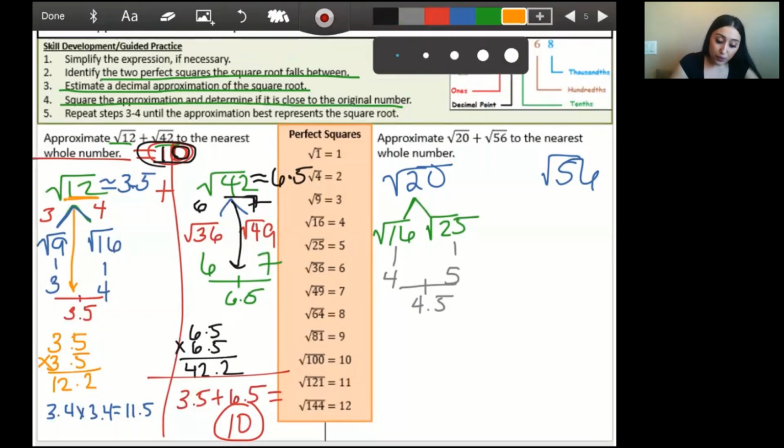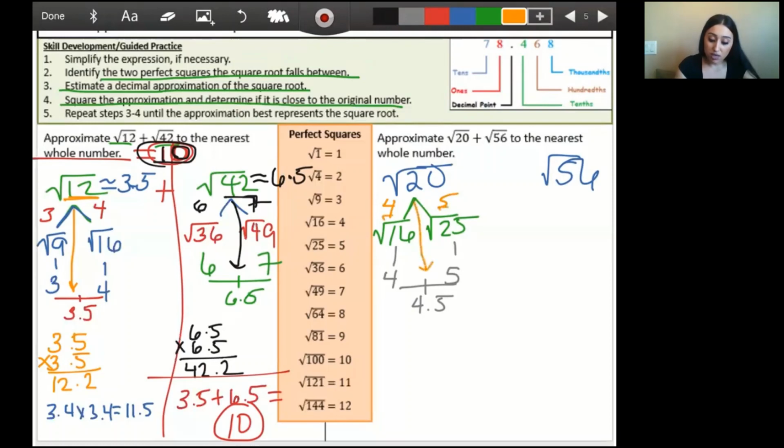I know that the square root of 20 is only 4 units away from the square root of 16, and 5 units away from the square root of 25. So because it's about the same amount on each side, I'm going to start down the middle. So I have 4.5 times 4.5, excuse me guys, and that leaves me with 20.2.